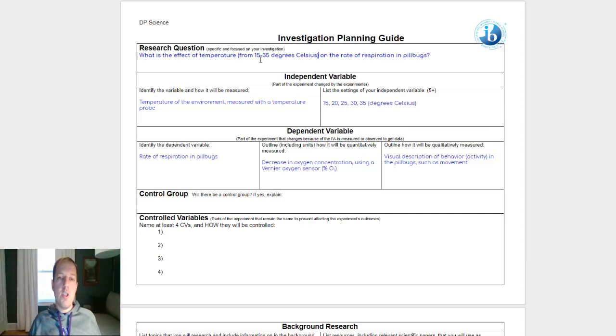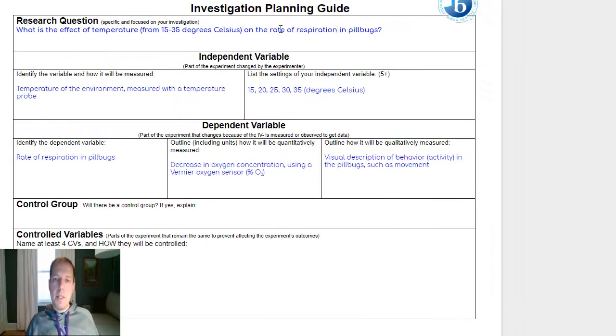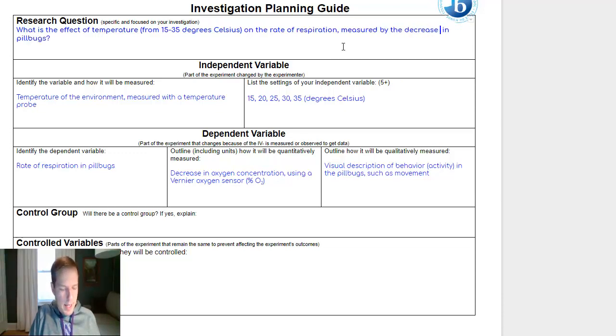So I can include in parentheses the range of degrees Celsius that I'm specifically testing in this lab. In order to include more specifically how I'm measuring the rate of respiration, I'm going to add a clause: measured by the decrease in percent oxygen concentration.